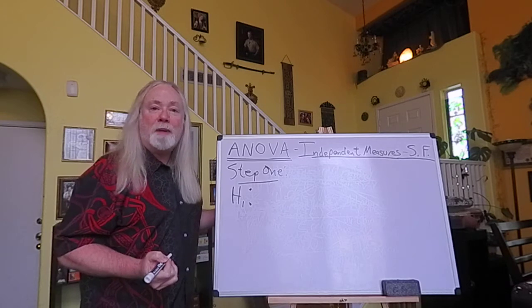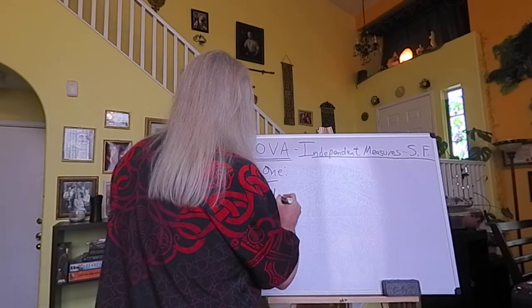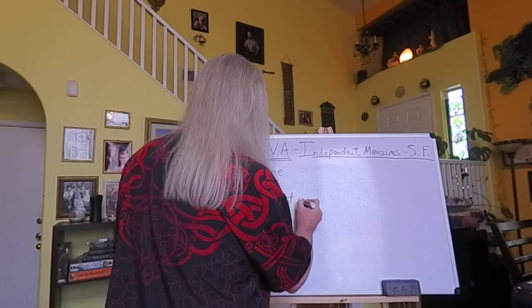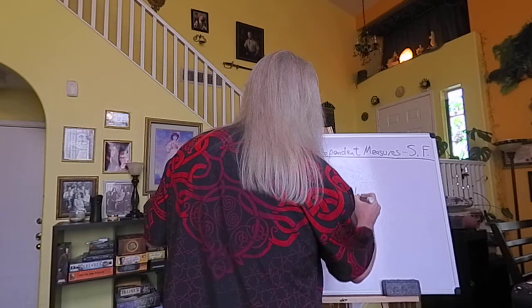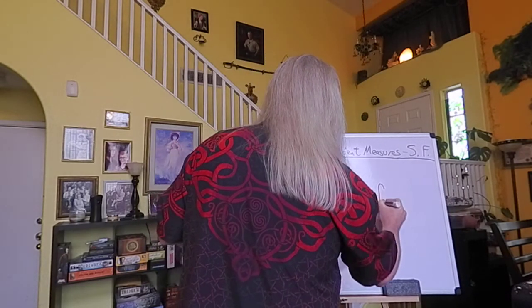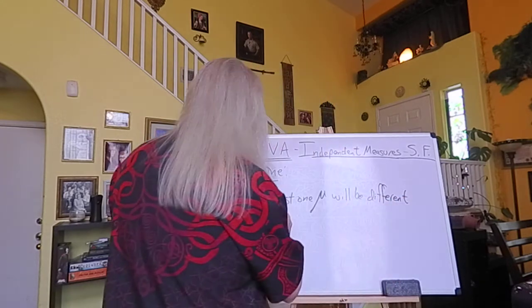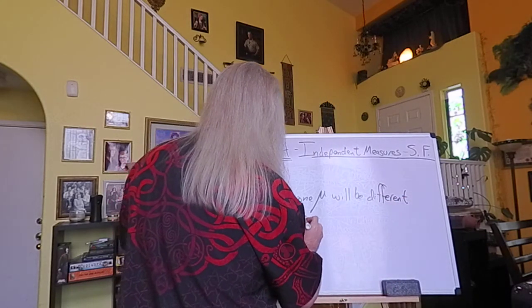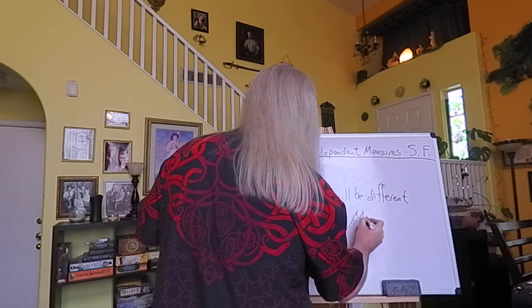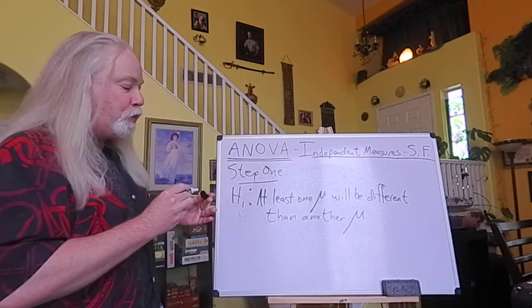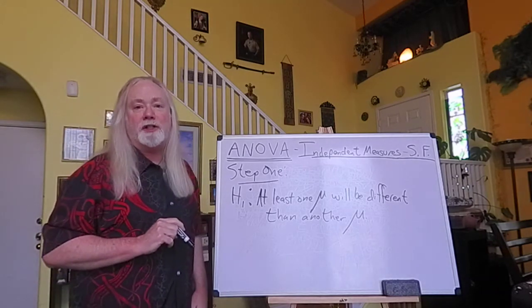So the alternate hypothesis is at least one treated population mean will be different from another treated population mean.